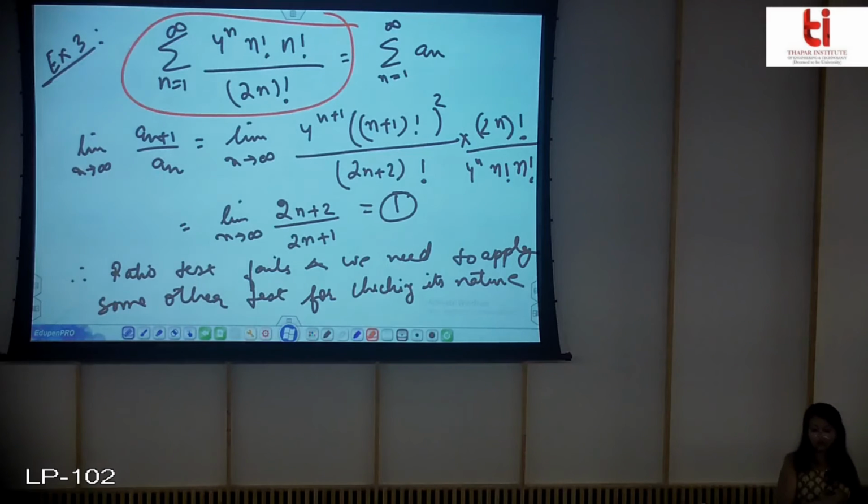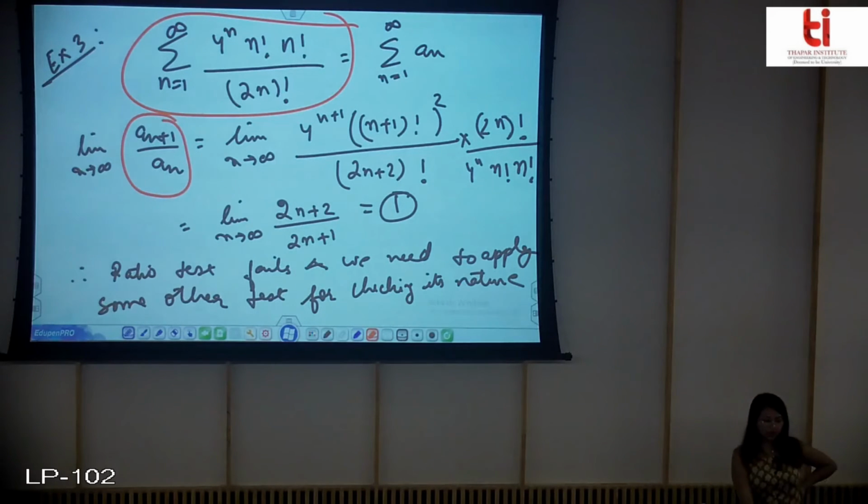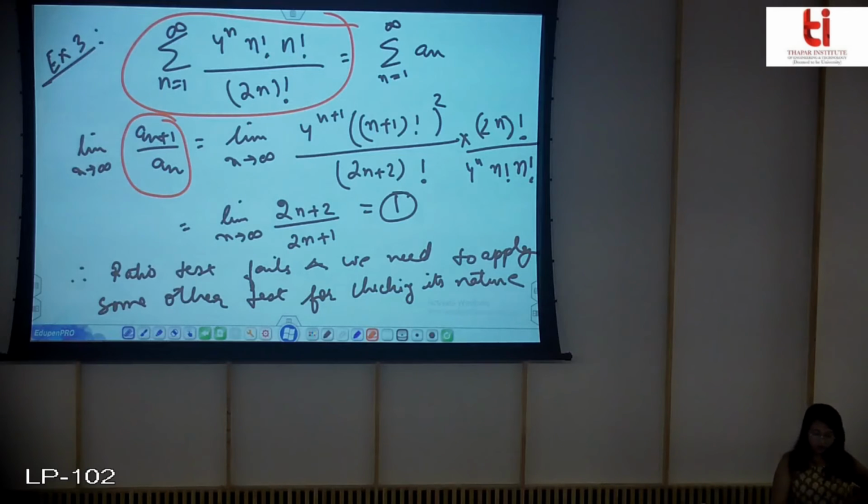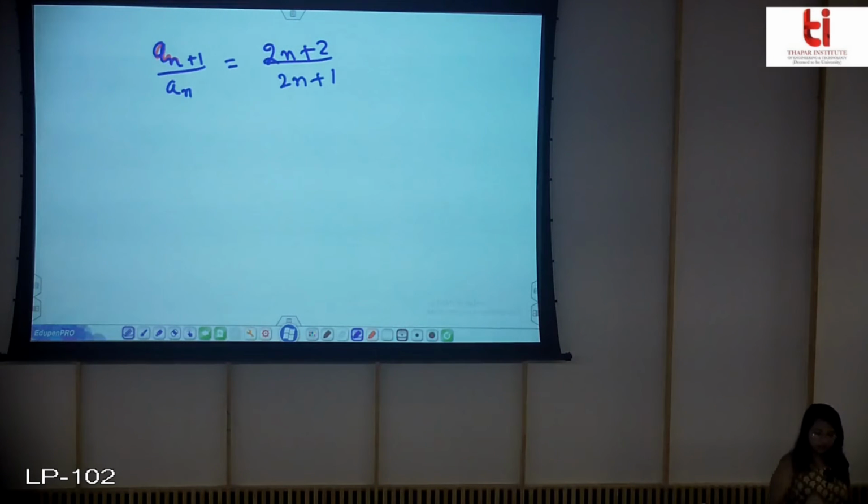So now you cannot use this ratio test to tell anything about our series. But by looking at the ratio a_{n+1} divided by a_n, let's have a look: a_{n+1} divided by a_n is equal to (2n+2) divided by (2n+1).